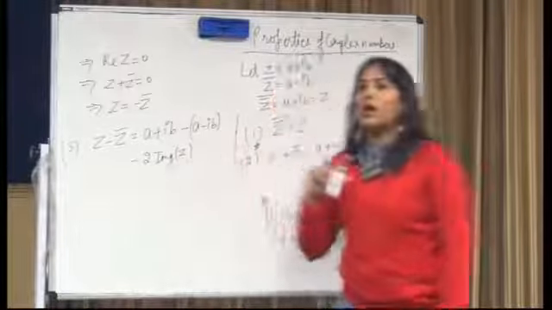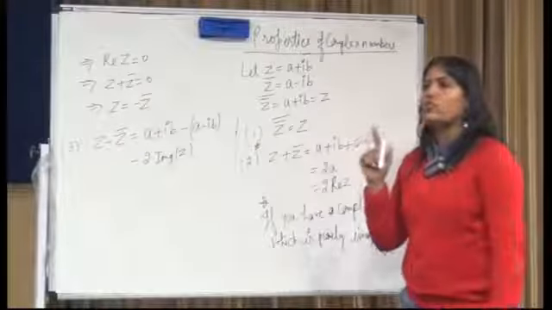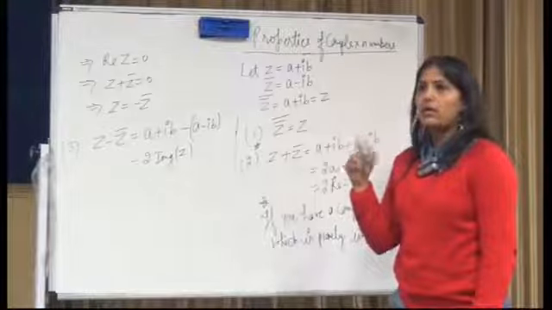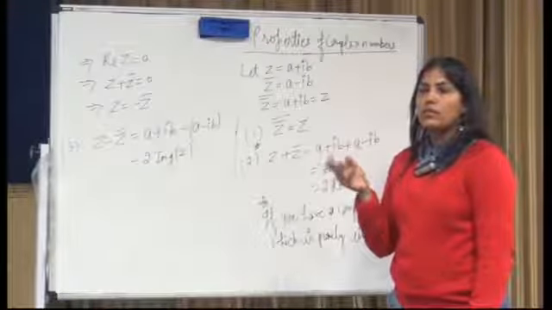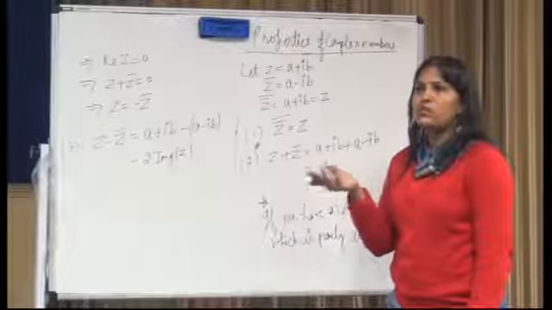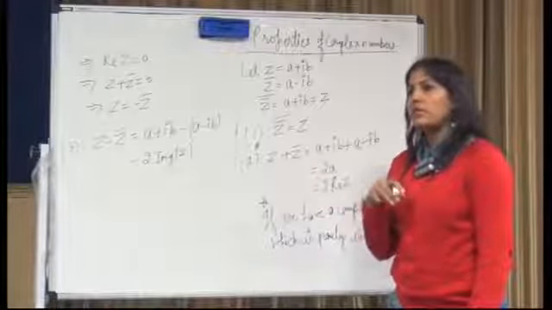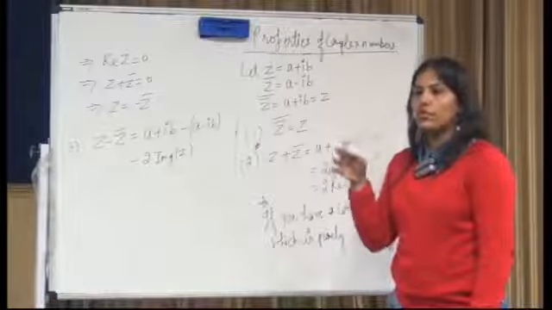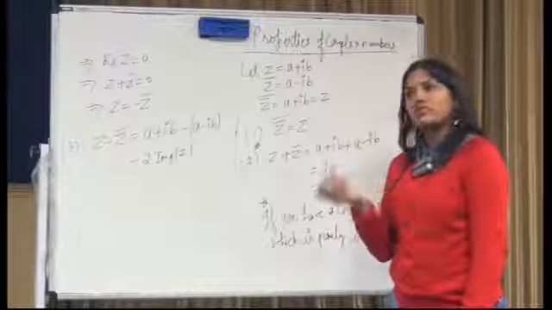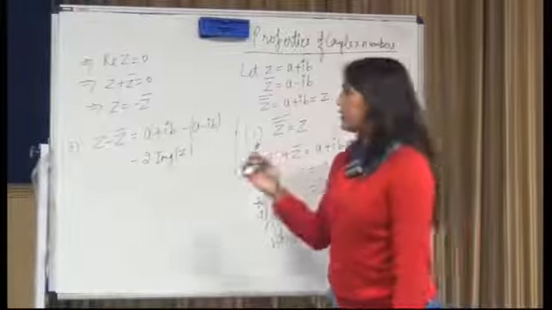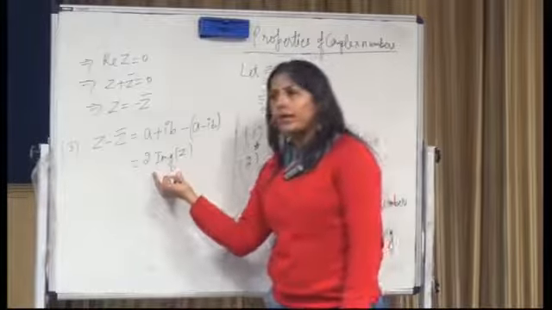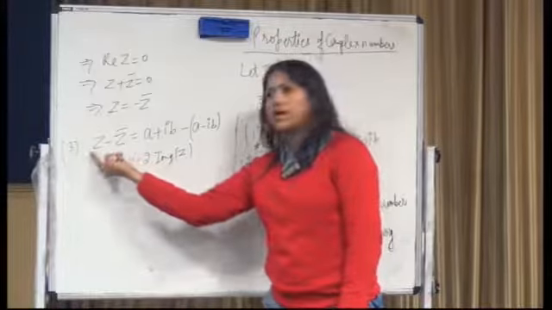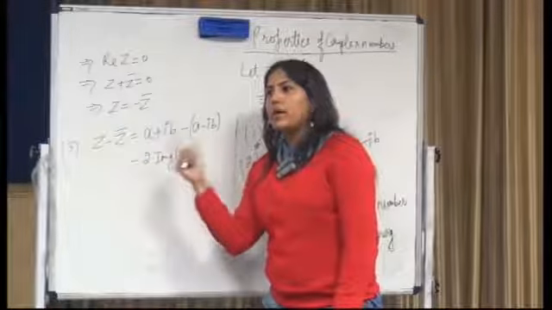Now if your complex number doesn't have an imaginary part, those numbers are basically real numbers. If it is purely real, the imaginary part will be 0, and in that case you will use the z bar property.